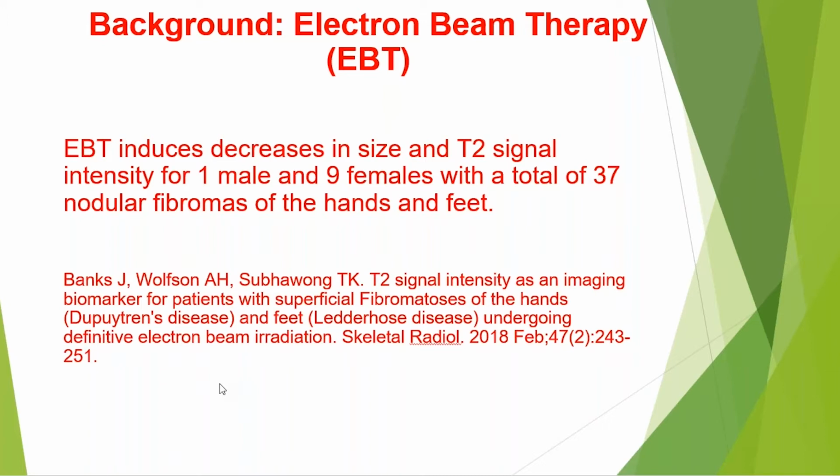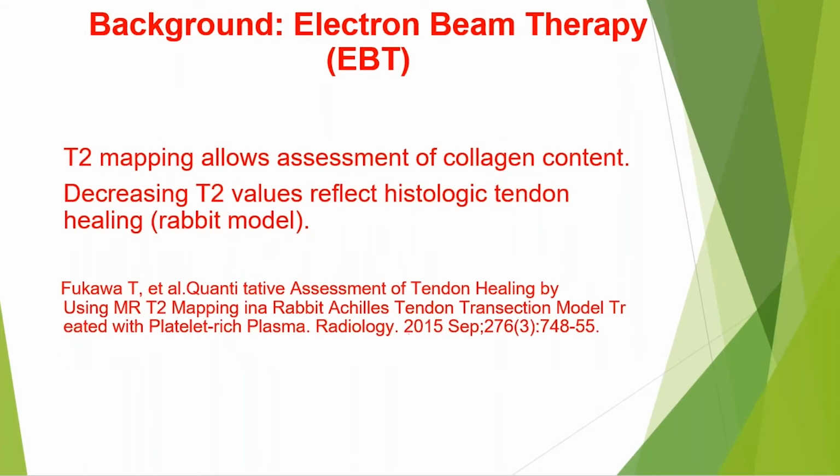This delivered 30 gray over 10 daily fractions with a planned 12-week break between fraction 5 and 6. We did the post-treatment MRI about 3 months after fraction number 10.